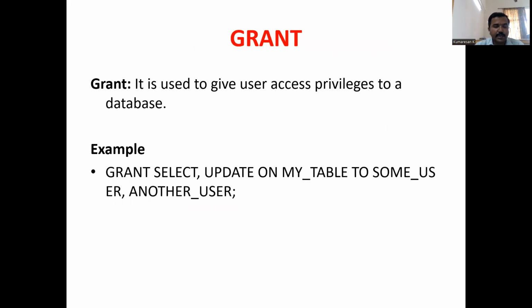Grant is used to give users access, that is administration. For example, grant select, comma, update on my table to some user, comma, another user. So this is the syntax for grant.